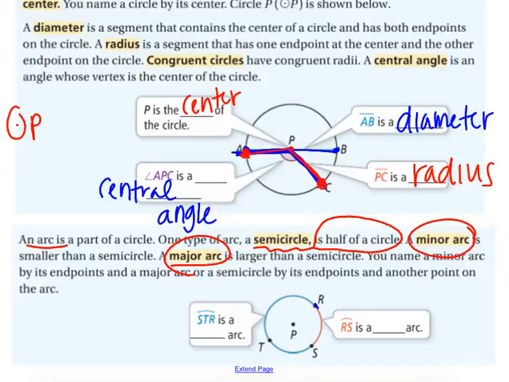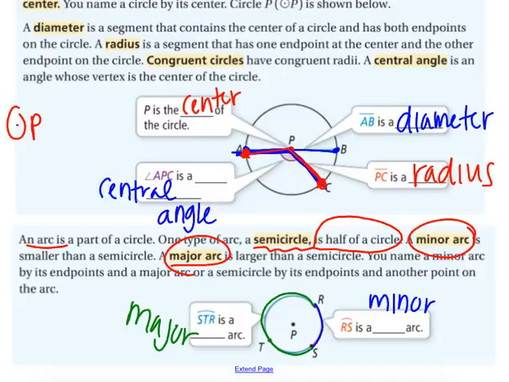Arc RS: do we see that it's not quite a full half circle? So this would be a minor arc, since it's smaller. Then it says arc STR. Can we all agree that that's greater than half a circle? This would be a major arc.